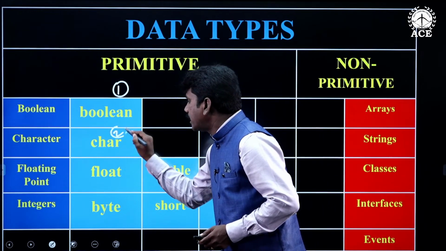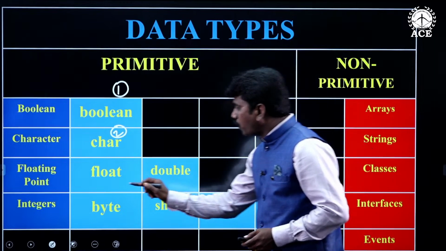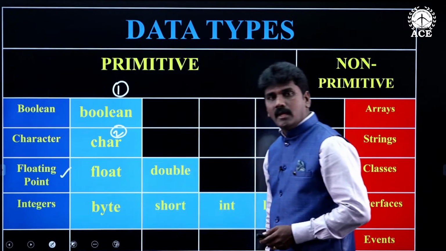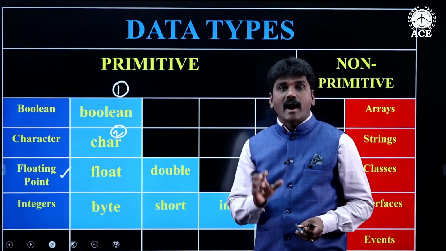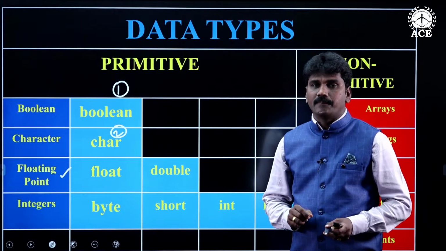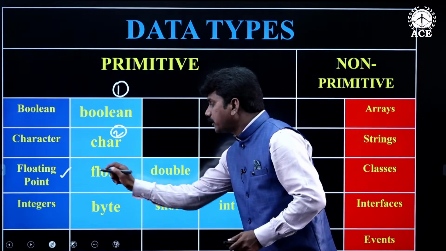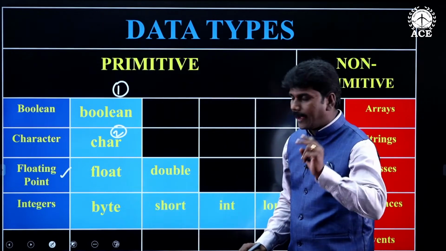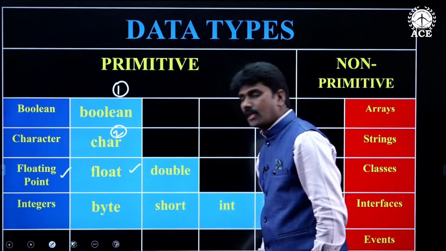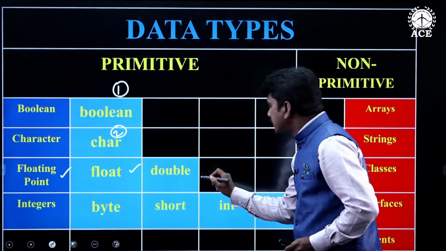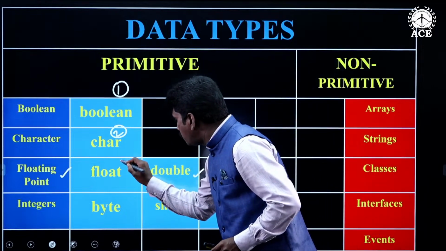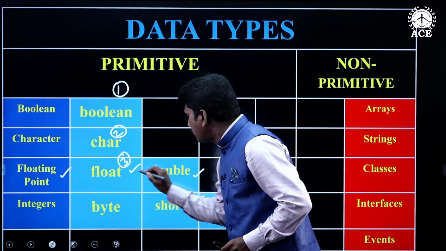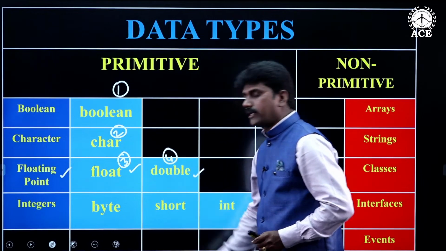Next, we have the floating point type. Based on the precision or accuracy, the floating point types are divided into two types: float of single precision and the second one is double. So boolean is the first, char is the second, float is the third one, and double is the fourth one.